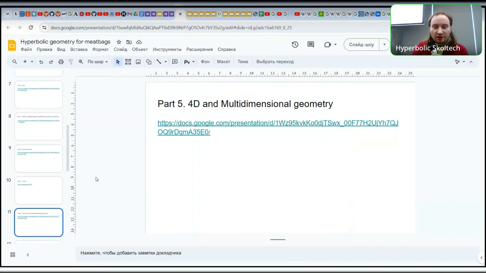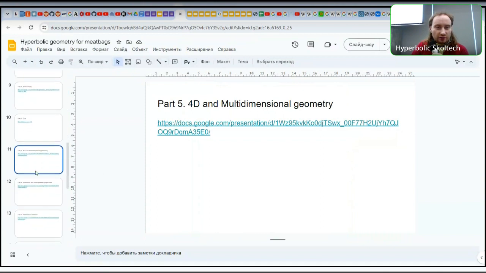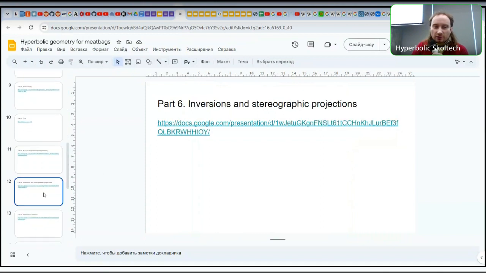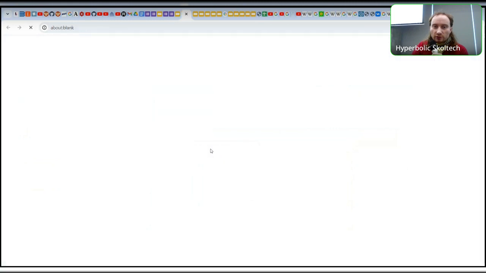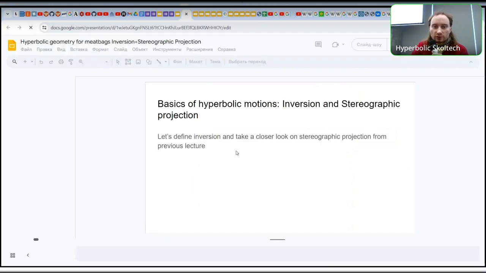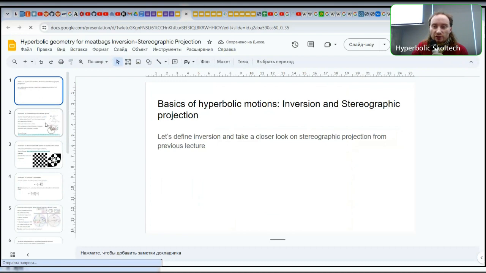So let's have a quick recap of what we already know. So I introduced inversion and stereographic projection.